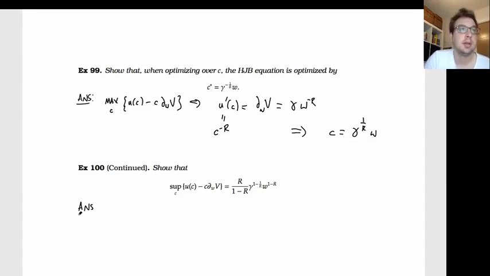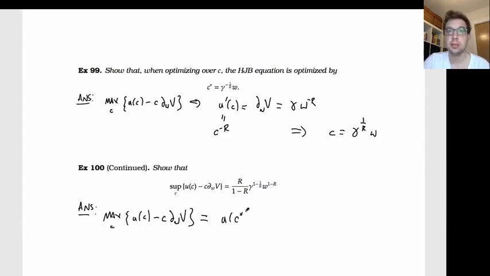The max over C of U of C minus C times the partial derivative of V is equal to U of C star, where C star is what I've been given here, minus C star times the partial derivative of V again.